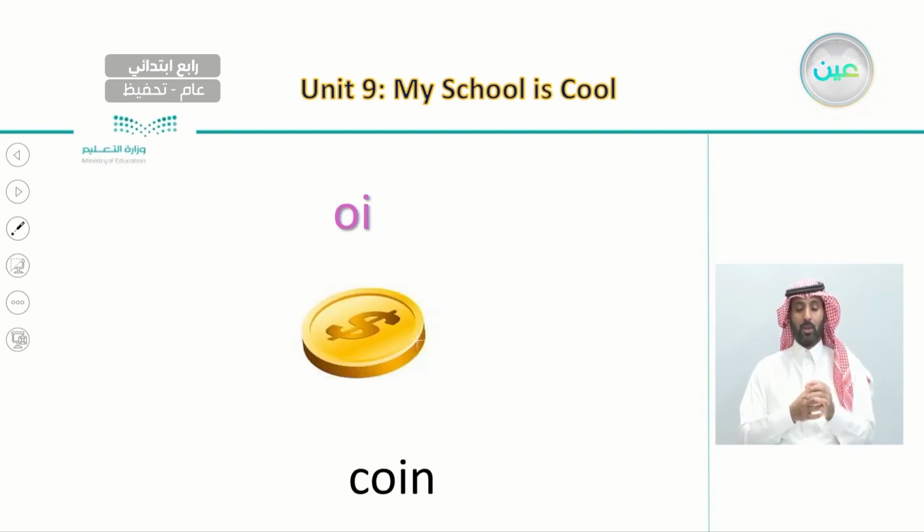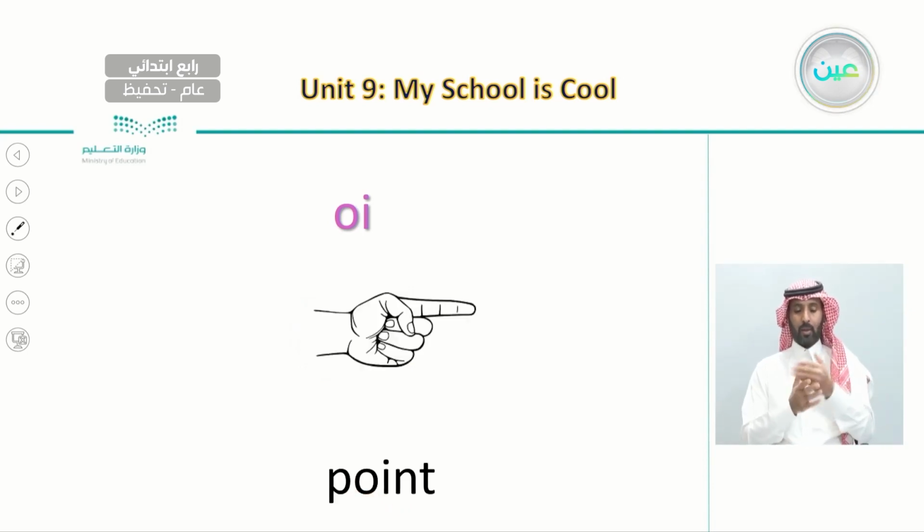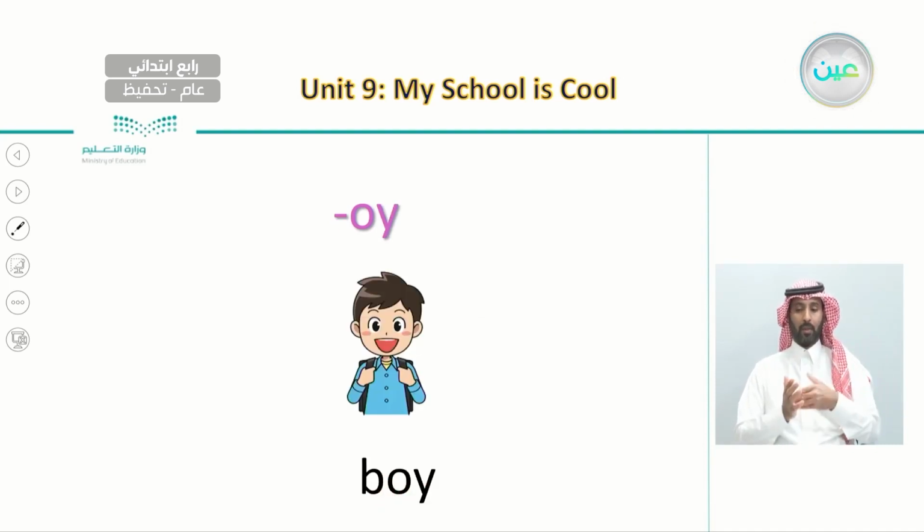Next we have words also with the sound of O and I, like the word coin. Coin. And here we can see the O and I in the middle. Another word with the same sound is point. Point, also with the sound O and I in the middle.